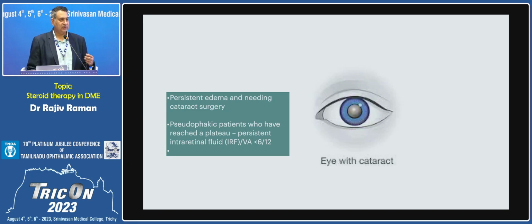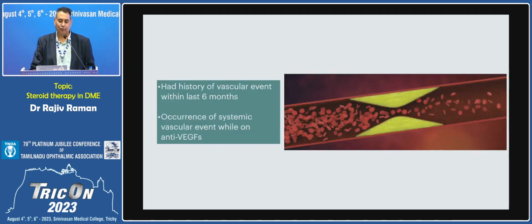If a person with macular edema undergoing treatment needs a cataract surgery and there is still persistent edema, definitely steroid is something you can think of. And in pseudophakic patients who have plateaued, though many of us also use it as a first line agent, if anti-VEGFs were started in a pseudophakic patient and at some time you feel that it's not improving, there are IRF, that's a case again where steroids play an important role.